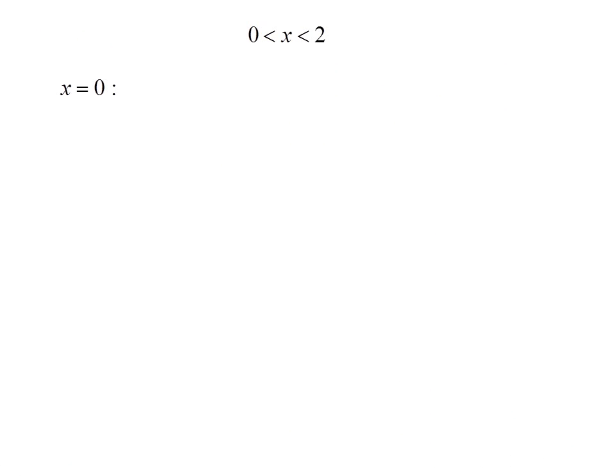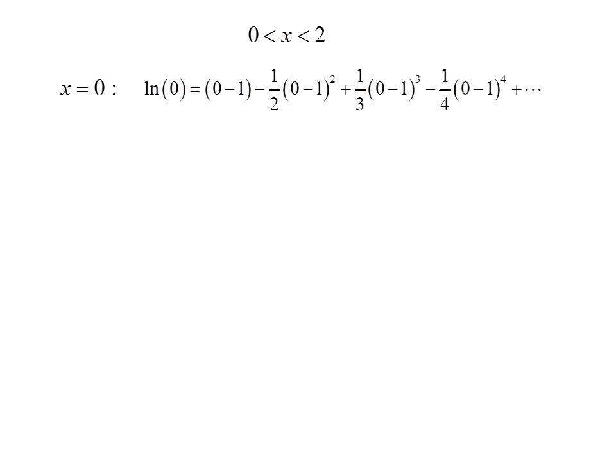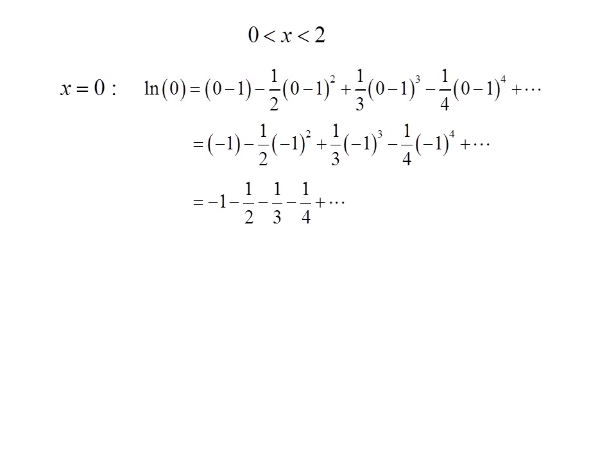At x equals 0, we have ln of 0 equals 0 minus 1 minus 1/2 times (0 minus 1) squared plus 1/3 times (0 minus 1) cubed minus 1/4 times (0 minus 1) to the 4th, which is negative 1 minus 1/2 times (negative 1) squared plus 1/3 times (negative 1) cubed minus 1/4 times (negative 1) to the 4th, or negative 1 minus 1/2 minus 1/3 minus 1/4.